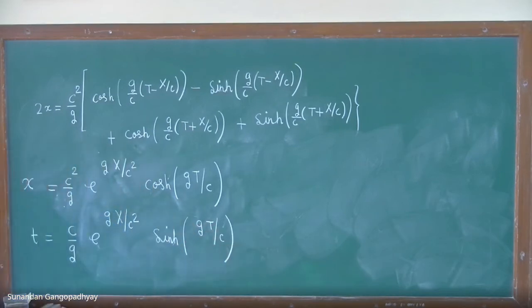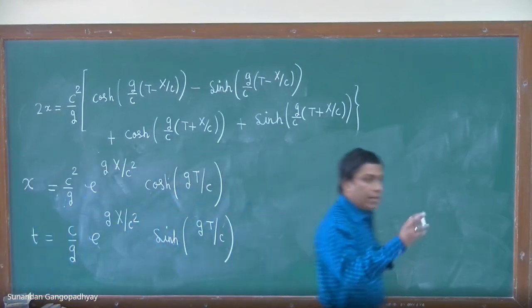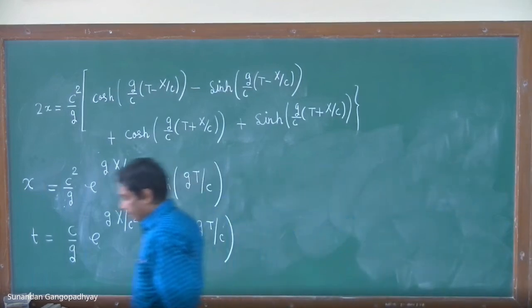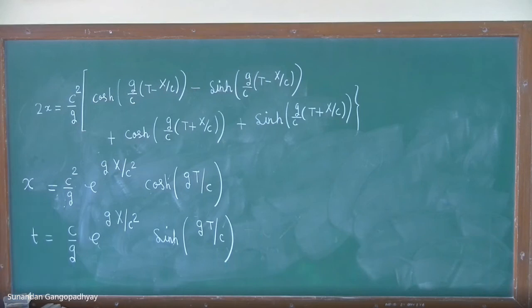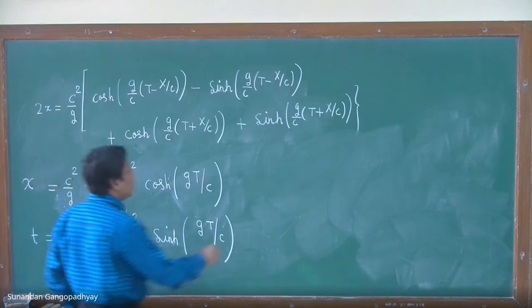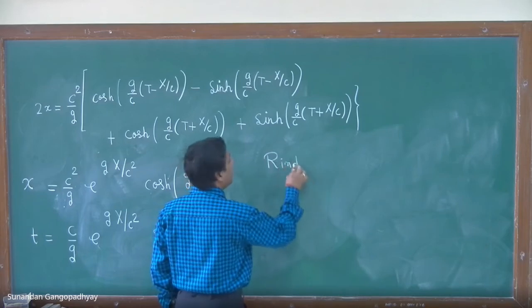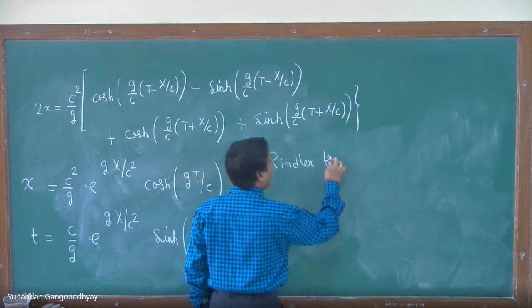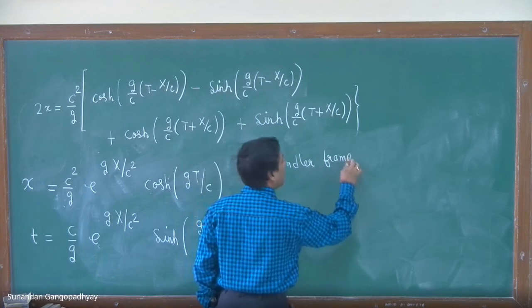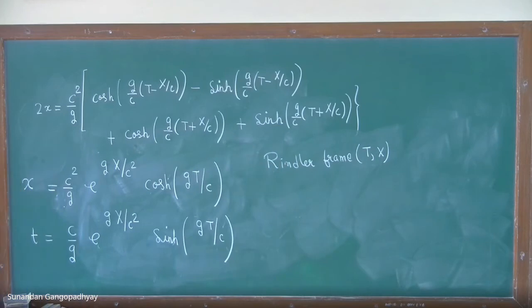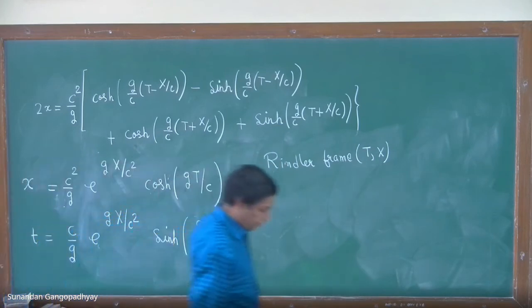So you have nice relations between the laboratory coordinates and the coordinates of the uniformly accelerating frame. And the frame of the uniformly accelerated observer is called the Rindler frame. So the Rindler frame coordinates are denoted by T and X, and x, t are the inertial coordinates.